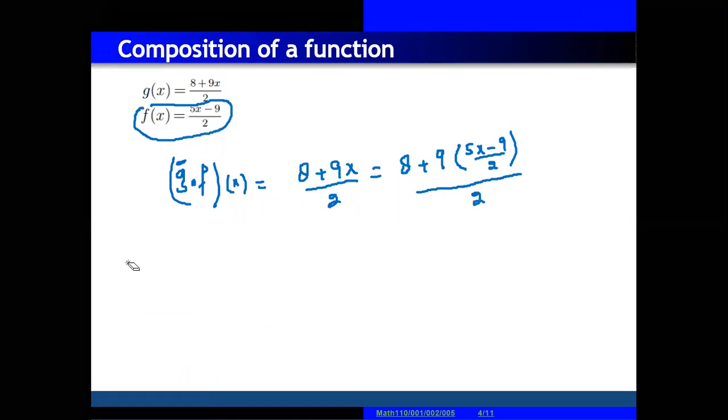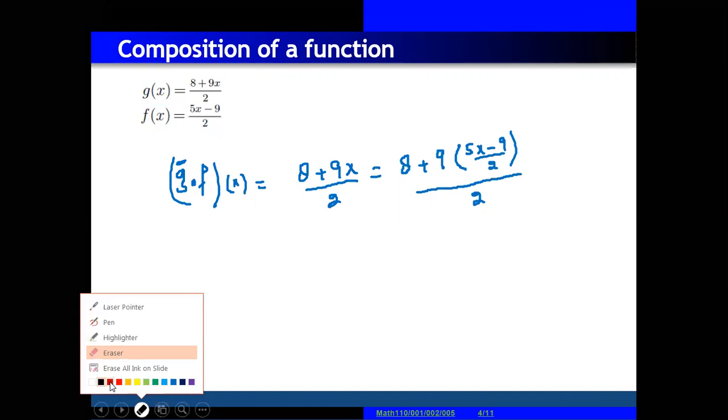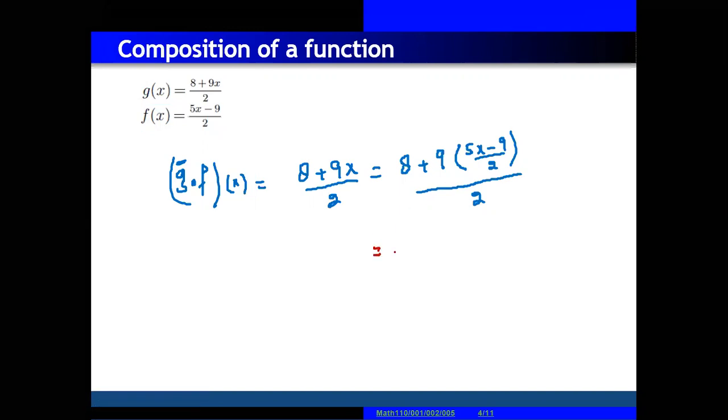Now simplify this one. We have fraction over fraction, so first we need to find the LCM. We have 8 plus 9 multiplied by 5 equals 45x, and 9 multiplied by minus 9 equals 81, whole divided by 2, then again over 2. The denominator of 8 is 1, so we need to find a coefficient for that.